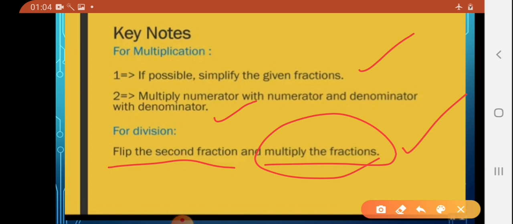Now you can do addition, subtraction, multiplication and division. Exercise 2.2 and 2.3 are related to this only. In the next lecture, we will discuss the exercise of subtraction, addition, multiplication and division.